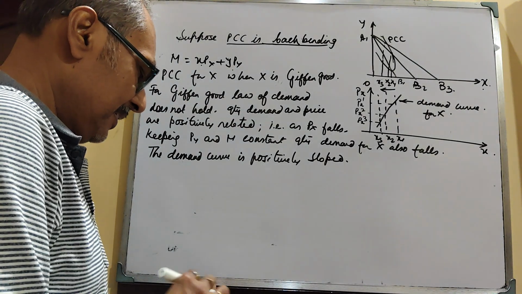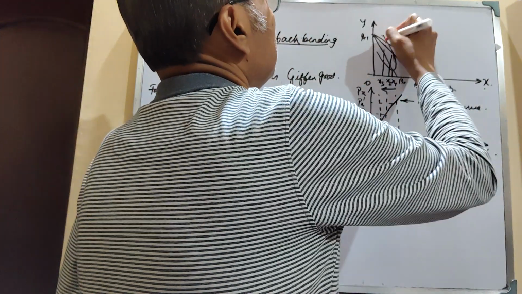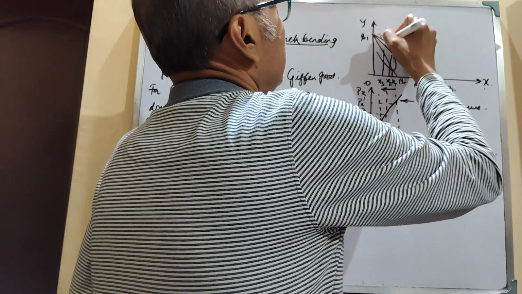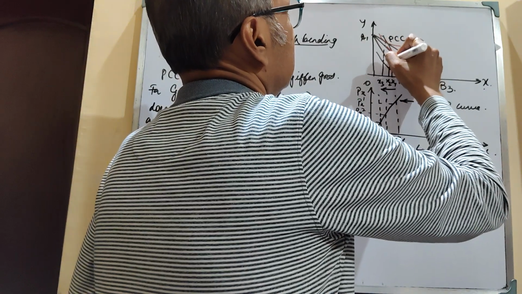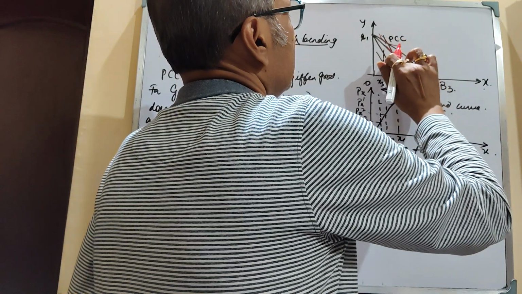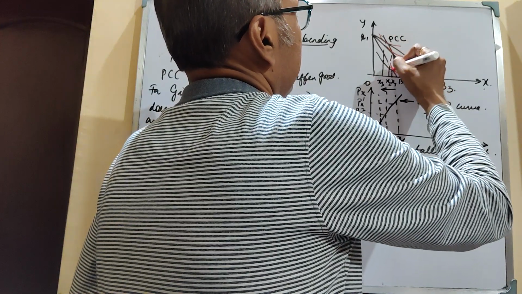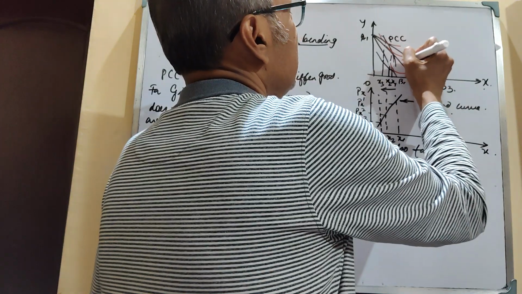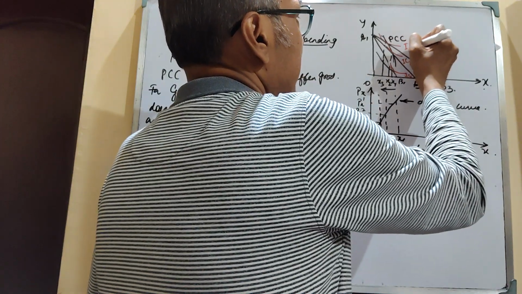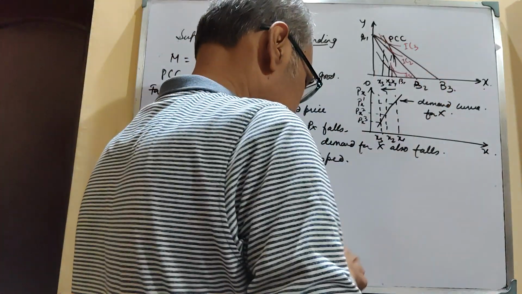I am drawing the indifference curves and the equilibrium points. These are the indifference curves. This is IC1, IC2, IC3.